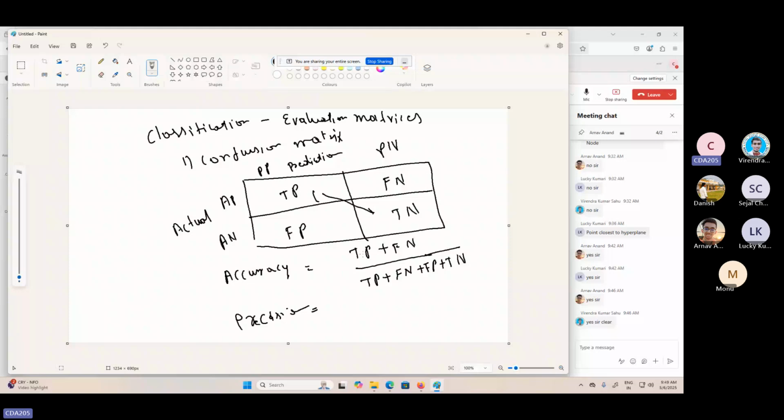It tells how many predicted positives are actually positive. So it is TP by TP plus FP, all positive values.